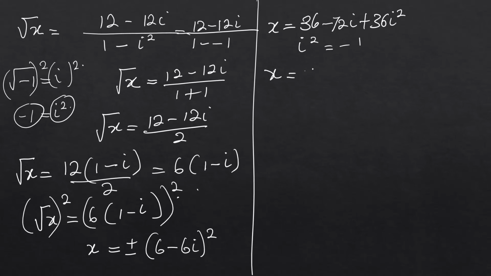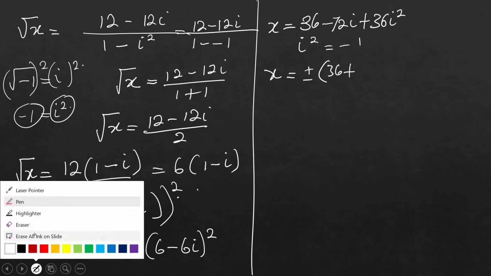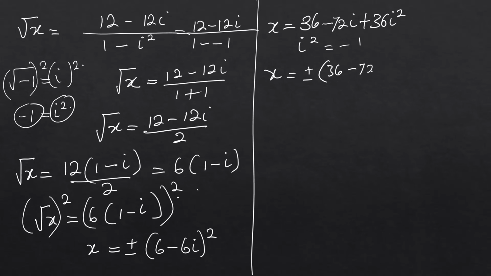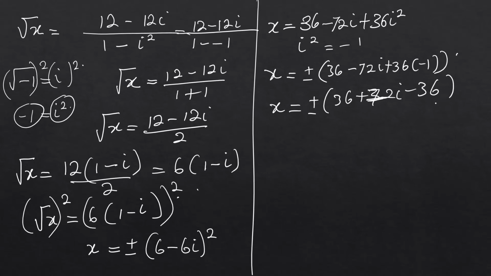Now i squared is equal to minus 1. Therefore, x is going to be equal to plus or minus, in bracket 36, minus 72i, plus 36 bracket minus 1. So this is x is going to be equal to plus or minus 36 minus 72i minus 36.